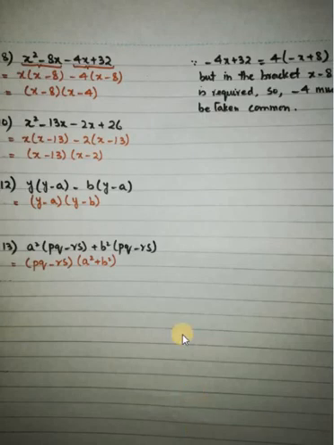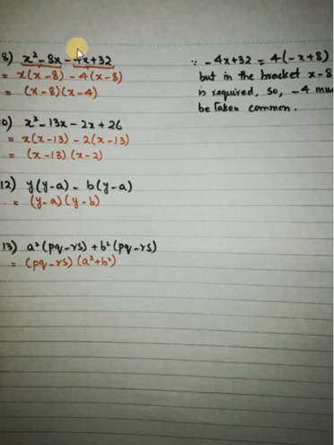In question number 8, students, you have the expression x square minus 8x minus 4x plus 32. Moving on, x is taken common from the first two terms, and inside the bracket you will be left with x minus 8.